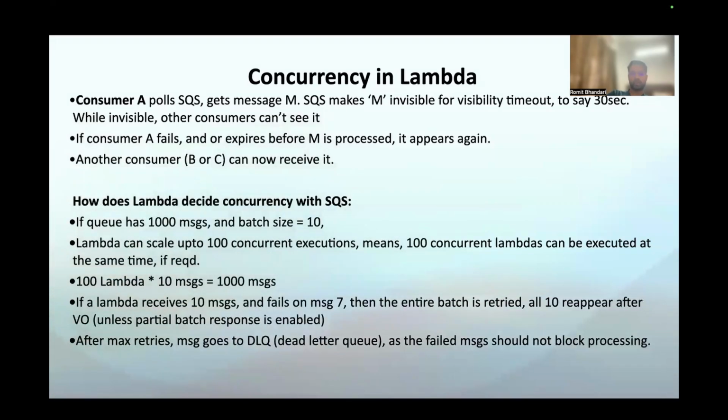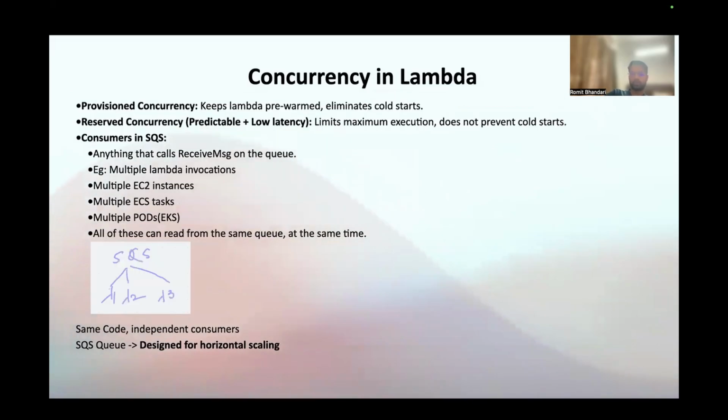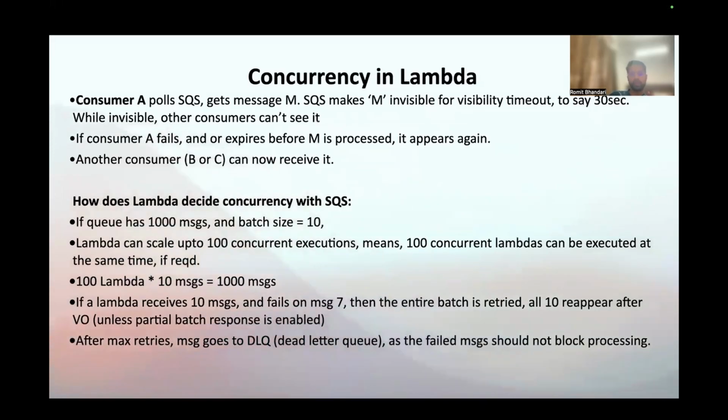Let's talk about that. Consumer A polls SQS, gets message M. SQS makes M invisible for visibility timeout to say 30 seconds. So while invisible, other consumers can't see it. Okay, so idea is that if this queue SQS has 1000 messages and batch size is 10, so Lambda can scale up to 100 concurrent executions, which means 100 concurrent Lambdas can be executed at the same time if required, right?